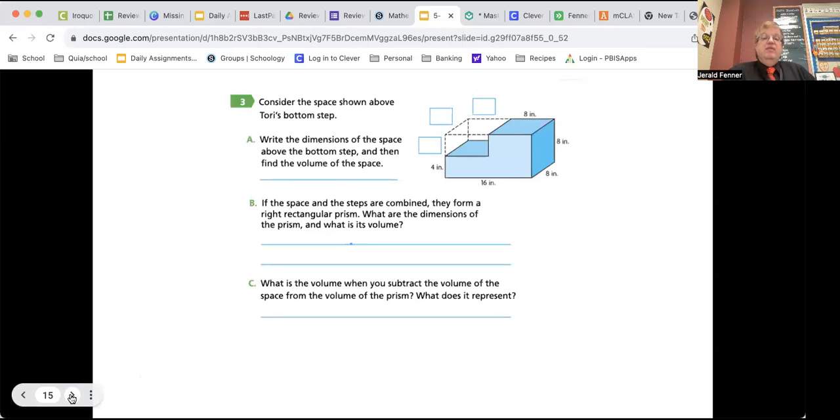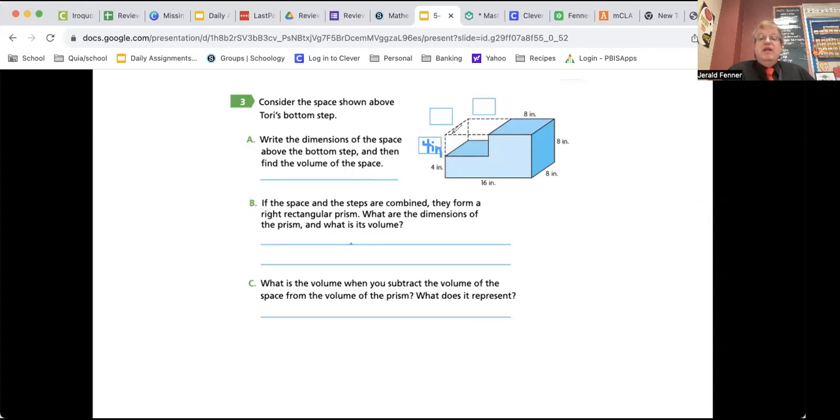Consider the space above Tori's top step. Write the dimensions of the space above the top step, and then find the volume of the space. So if this was 4 inches, and this was 8 inches, this one here would also be 4 inches, because 4 plus 4 is going to equal 8.